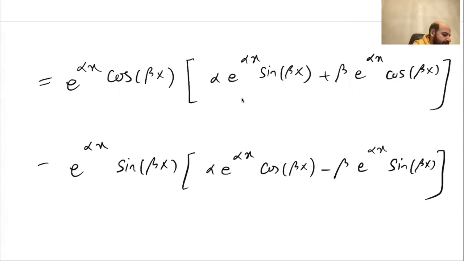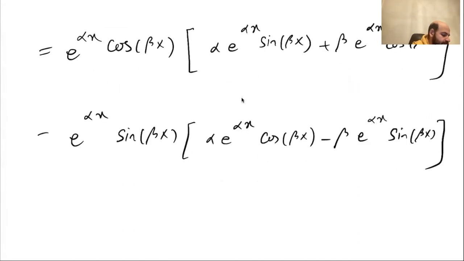Now, if we simplify this, I'll get alpha e to power 2 alpha x cos beta x sine beta x minus, again, alpha e to power 2 alpha x cos beta x sine beta x. So this term here will cancel out with this term here.